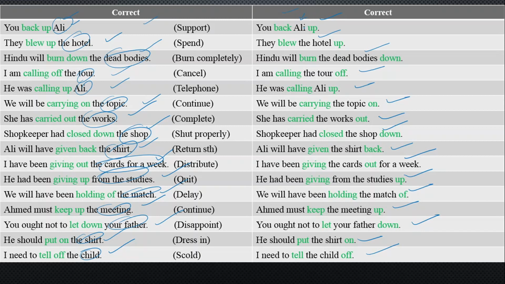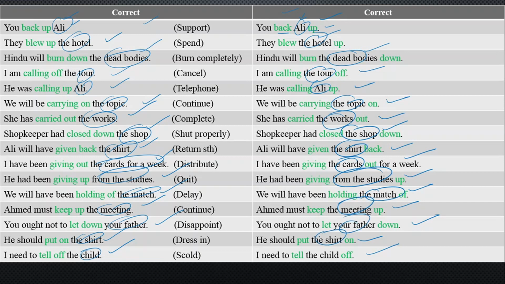See, verb and adverbial particle. The verb is back, the adverb particle is up. Ali can come in between because it is a noun. You've got the choice to write them in both ways. So the hotel is coming between blow and up. In burn down, in between you're bringing the dead bodies, the tour, Ali, the topic, works, shop, shirt, cards, the studies, the match, the meeting, your father, the shirt, and the child.